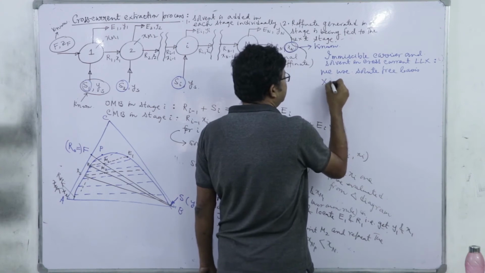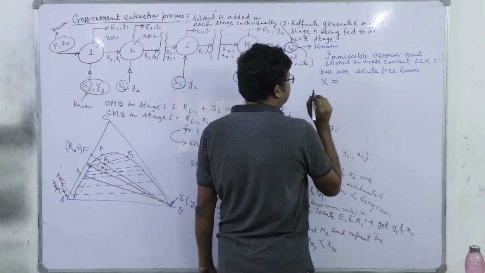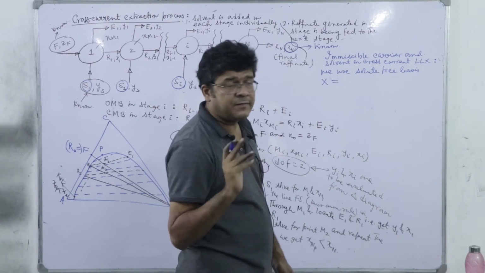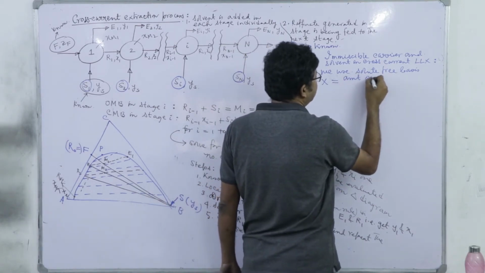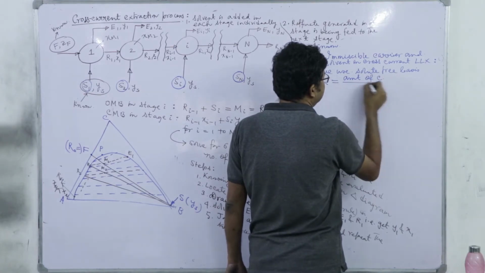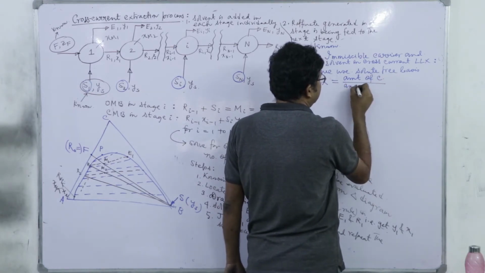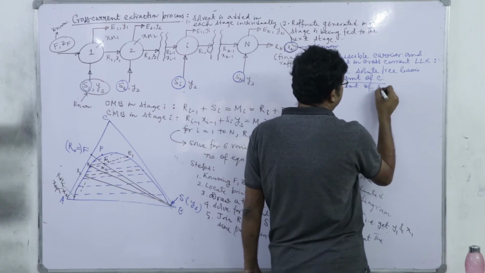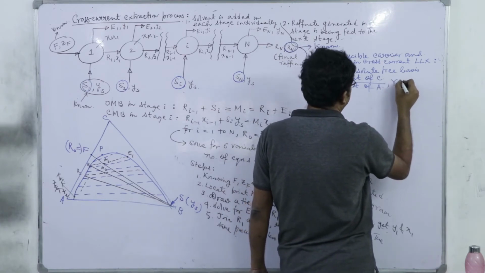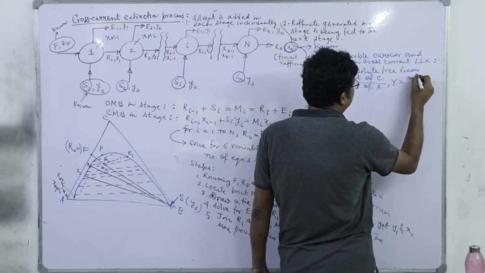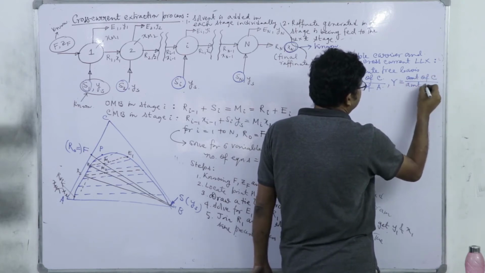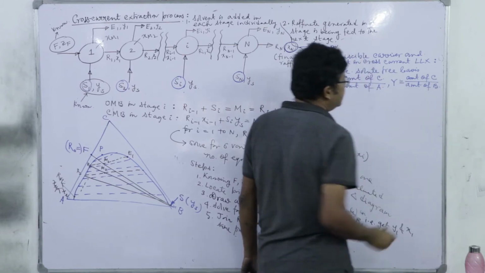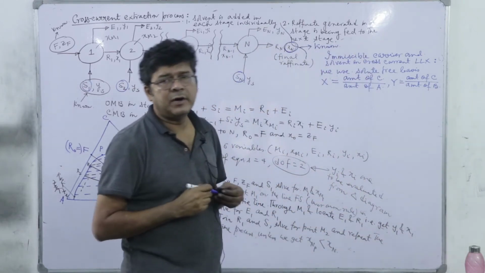So X is what? X represents the raffinate phase composition. It's the amount of C per amount of A, and Y, it is the amount of C per amount of B, because we have two components per phase.